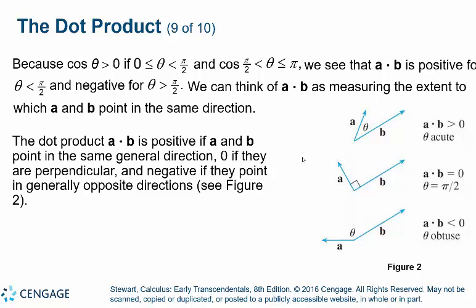So we can think of A dot product B as measuring the extent to which vector A and vector B point in the same direction. So the dot product of A and B is positive if A and B point in the same general direction, like you can see here. That means the angle between them is acute. It is 0 if they are perpendicular, and negative if they point in opposite directions, if the angle between them is obtuse. Okay, that's what we're saying here.